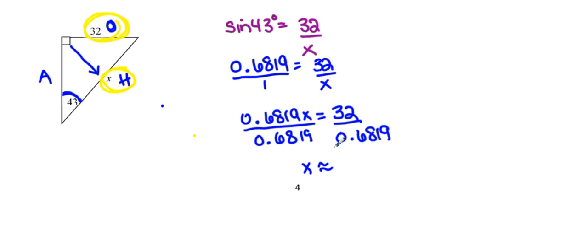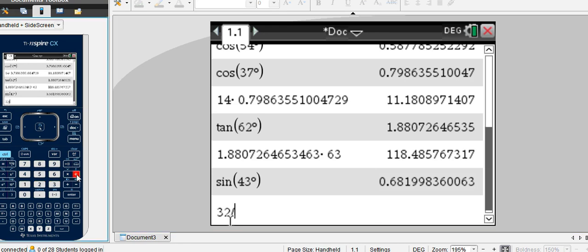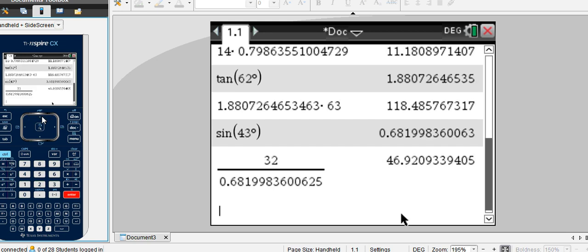So x is going to be equal to 32 divided by the 0.6819 number. So I'm going to go to my calculator, 32 divided by, and I'll go grab that number in its entirety from the display, hit enter, and to the nearest tenth, 46.9.